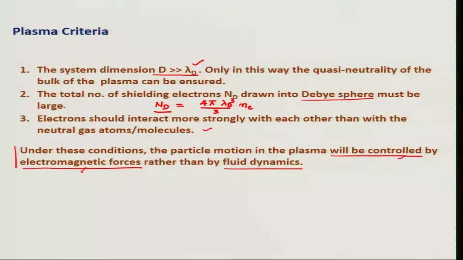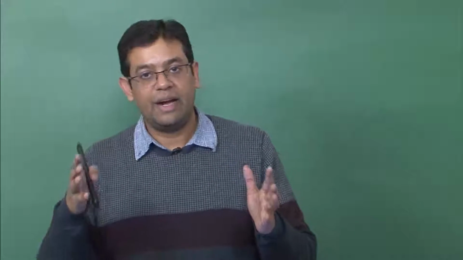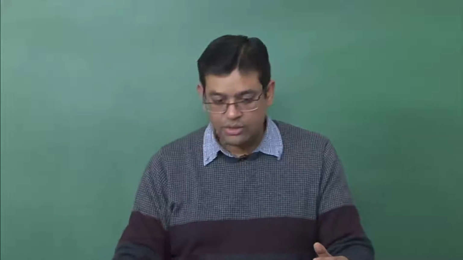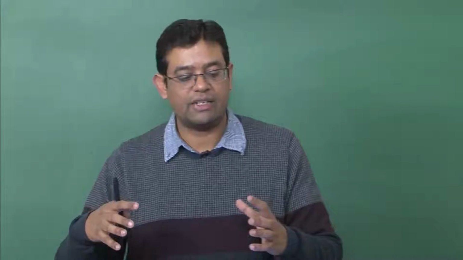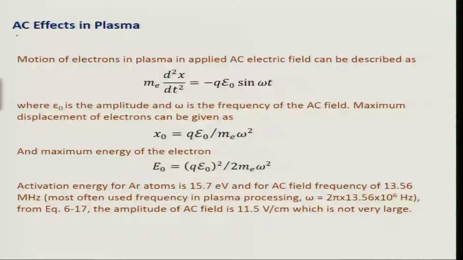Since we are talking about electromagnetic forces, we had already seen the effect of electric field and magnetic field. Let us go to the effects of alternating field, AC effects in the plasma. What if we apply an alternating field? We are still discussing motion of electrons in plasma.